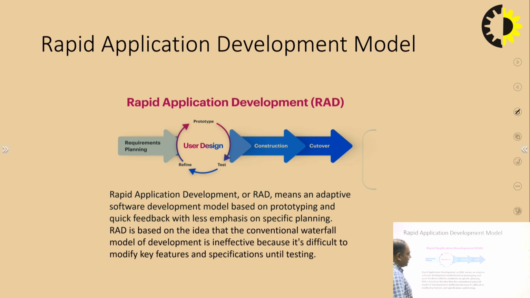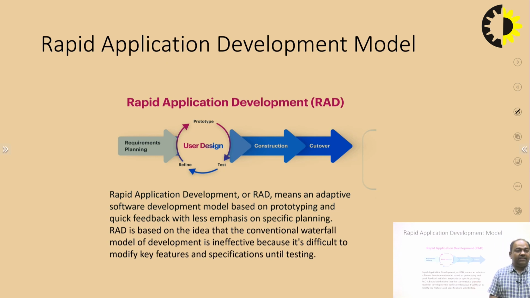In rapid application development, we have a user design phase which develops a prototype, and we test this prototype, and if any refinement is required, we do that refinement in the prototype only. After the prototype has cleared all its testing and refinement, we construct the main model or product, and after that we do implementation.